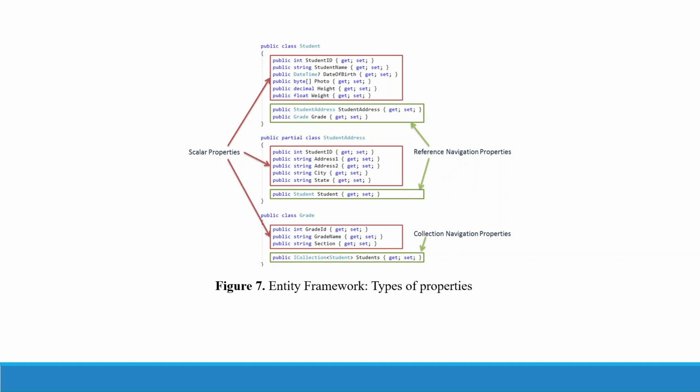So can anyone say for a student which are the columns for the student table? Some examples of columns that we have in the students table. So yeah, what are the columns of the students table?